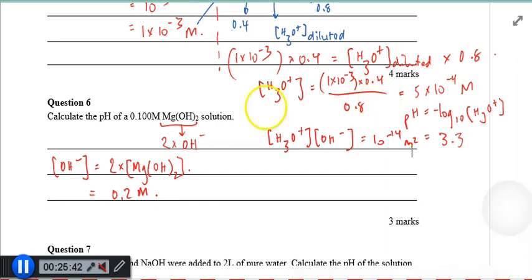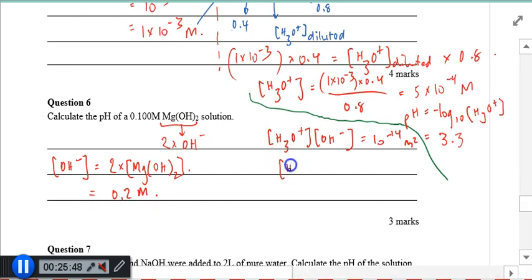So we use this equation here, the ionization constant of water, to work out the concentration of hydronium ions. So concentration of hydronium ion equals 10 to the power negative 14 divided by the concentration of hydroxide, which is 0.2 molar. So is that going to be 5 times 10 to negative 13 molar?